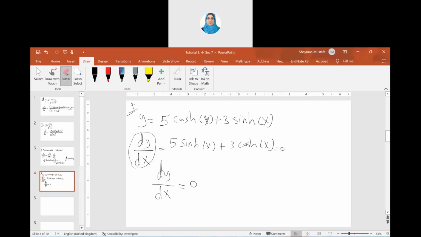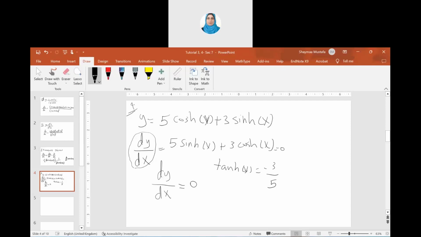Minus 3. Tan x is equal to minus 3 over 5. This is the value of tan x.